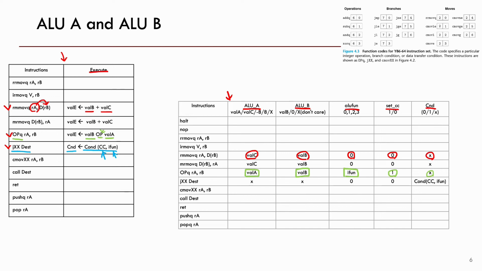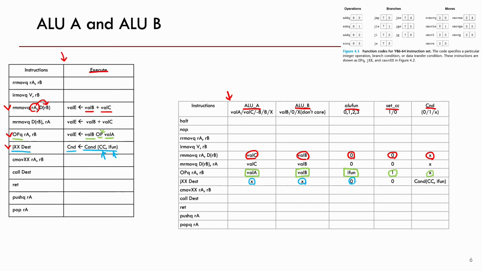So for input to the ALU, we don't care about the input generated by ALU A or by ALU B, and we don't put any special operation; the default operation is 0 all the time.